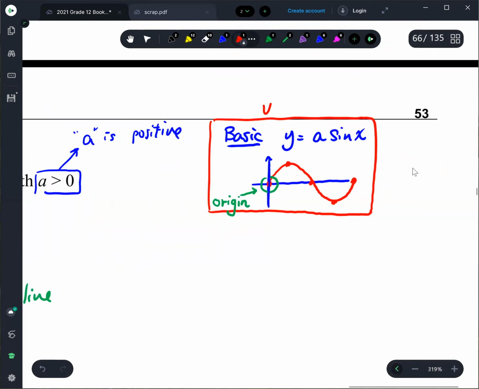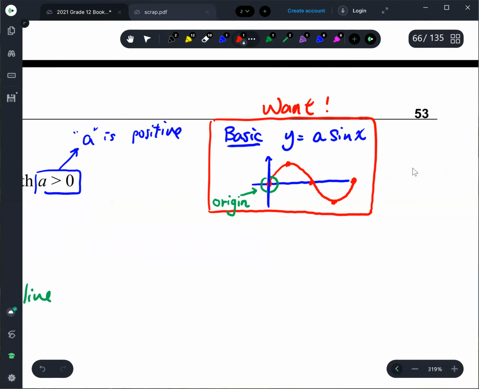This is what we want. We want the graph to start from the middle, go up, go down, go down, go up. It has to start by going up. If I put it here, then it will be starting by going down. So that's not what we want to do. I need to erase that. We don't want the starting point to be there.